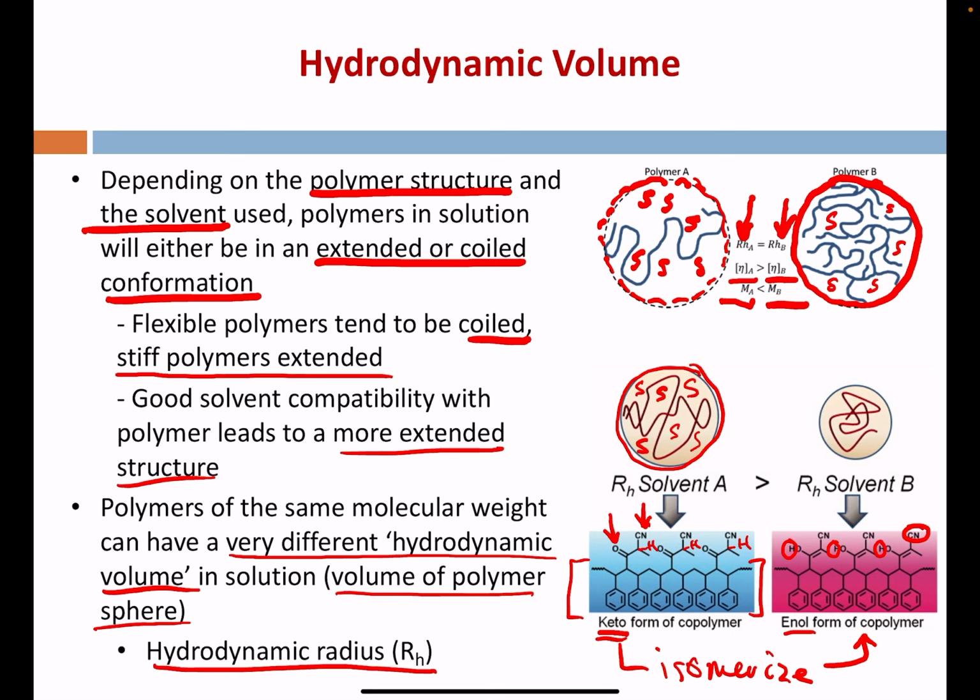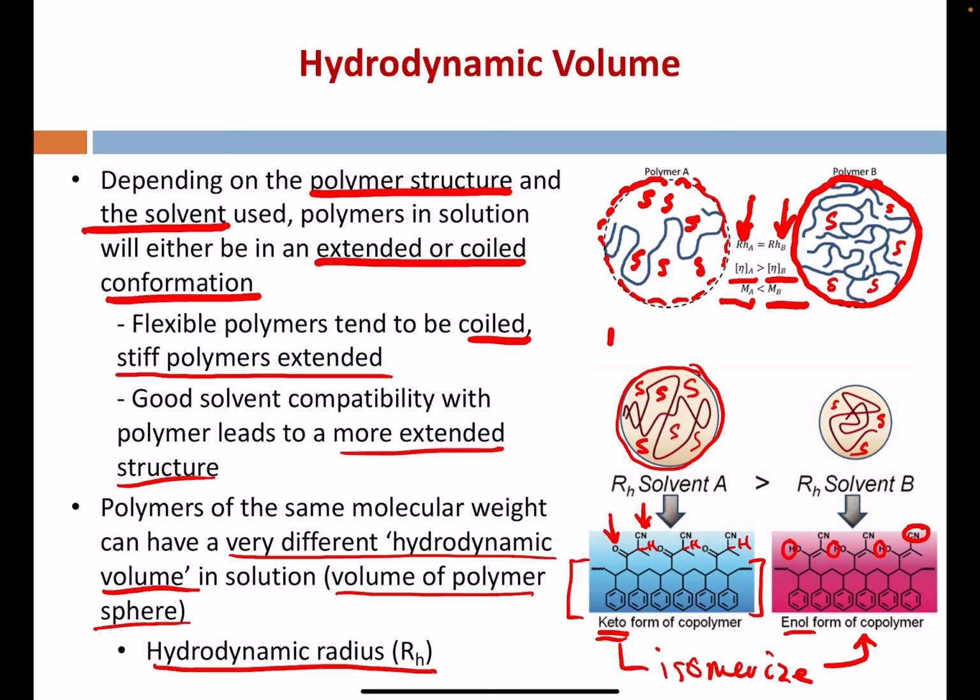As the isomerization takes place and the hydrogen moves from the same spot where the cyano group is to form the alcohol group over to the left at each repeat unit, we can see that the compatibility with the solvent is not as good. The polymer would rather prefer to be in a more tightly compact coil, having more polymer-polymer contacts with itself and less solvent included in this volume.